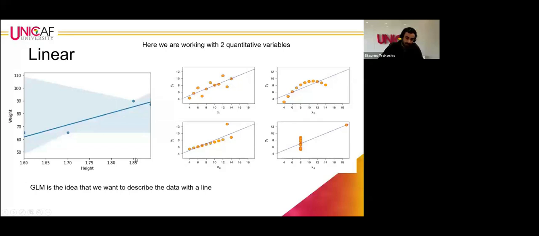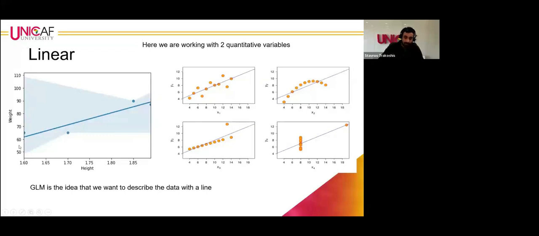I have one person here who is 185 centimeters in height and has a weight of 91 kilograms. And I have another person who is at the top of the scale here, which is 190 centimeters in height, and has a weight of 85 kilograms.